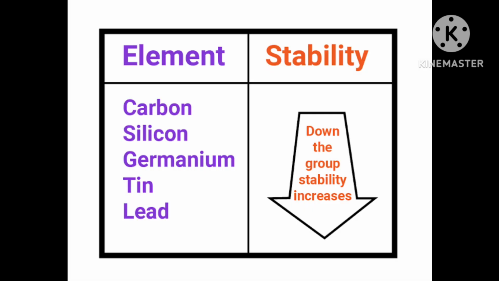Again, in the end, I am telling you one problem. This is the last. The problem is: SiF6 2 minus is known, whereas SiCl6 2 minus is not known. Why?